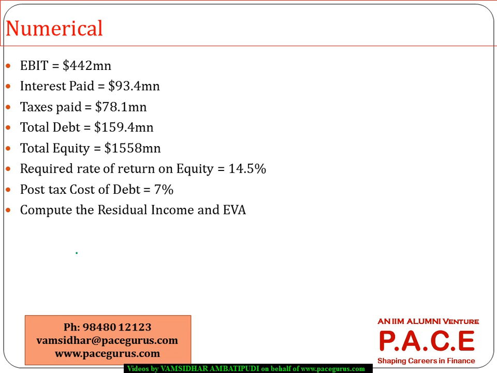So just to compute, getting into a small numerical aspect, which is involving the computation part. Let's say EBIT is this much, let's take one small calculation. EBIT is 442, interest is 93.4.